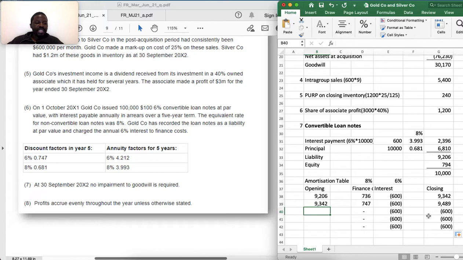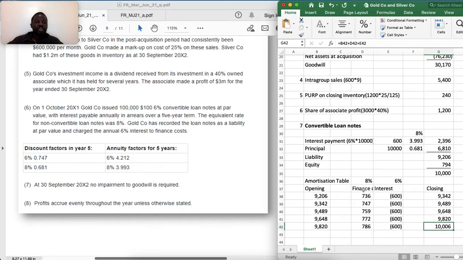Now our opening will be 9489. It's calculated there. Again, our opening will be 9648. Again, our opening will be 9820. So now we have come back to 10,000 with a slight rounding of 6 there.